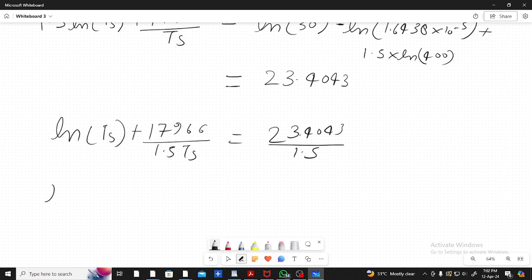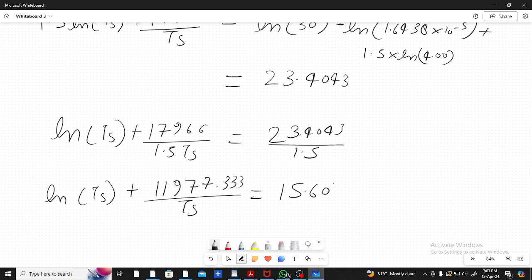So this will be ln ts plus 7966 upon 1.5, which is 5310.67 upon ts, equal to 15.602.